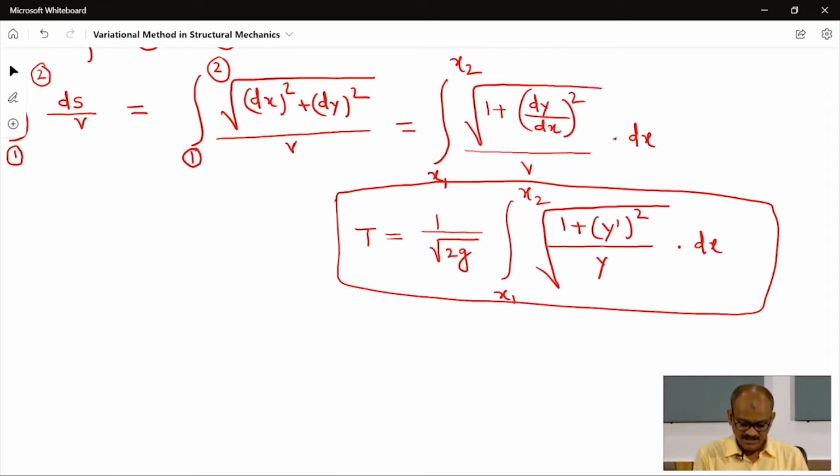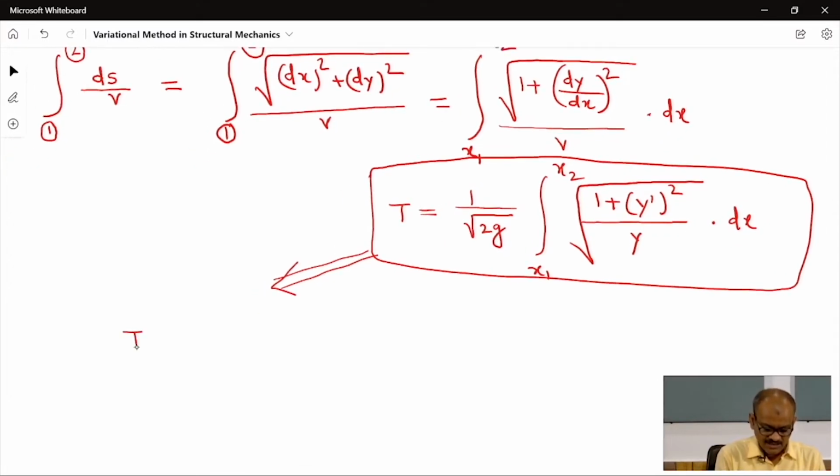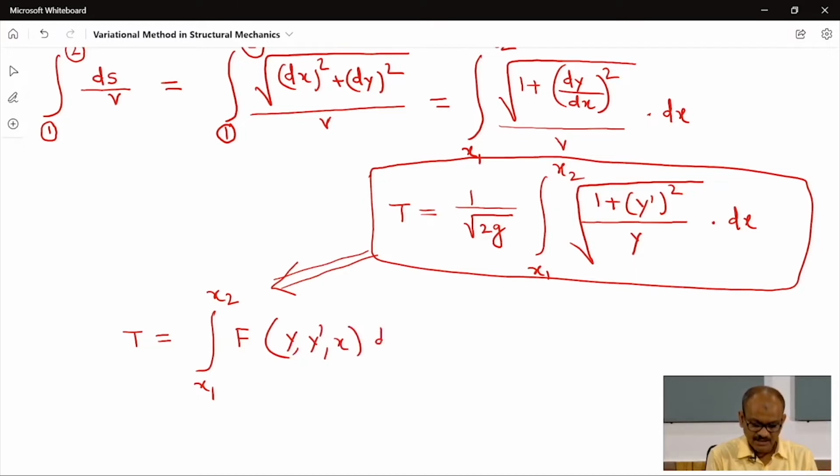Analogous to this, can I write t like this? t is equal to the integral from x1 to x2 of a function of y, y dash, and x, into dx.